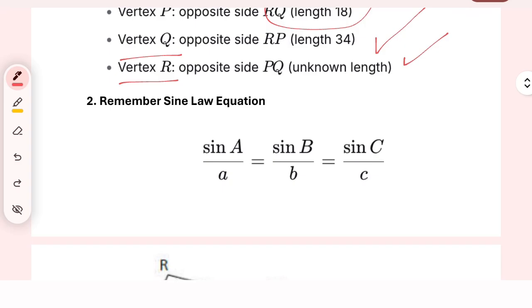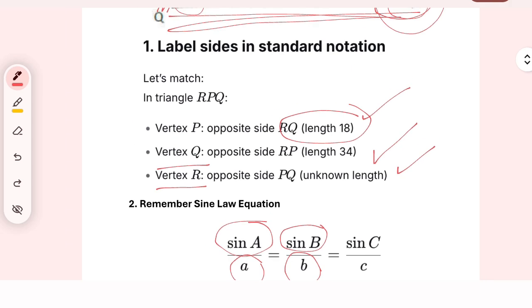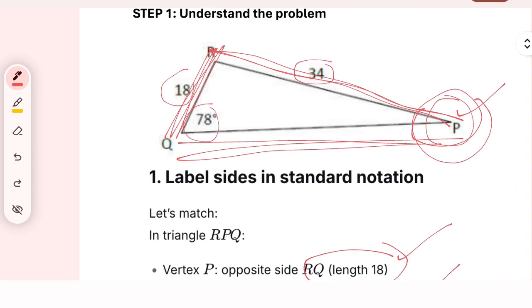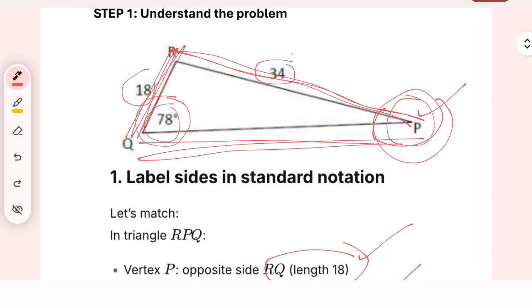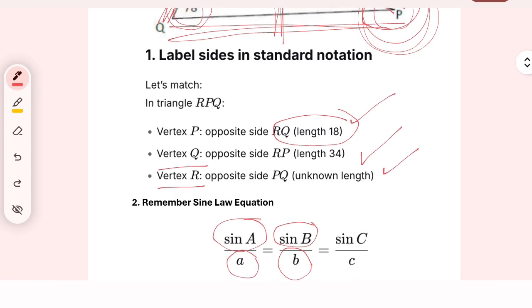It is easy to memorize: the sine of an angle over the side opposite it is equal to the sine of the other angle divided by the side opposite that angle. If this is the angle, the side opposite is this, and so on.